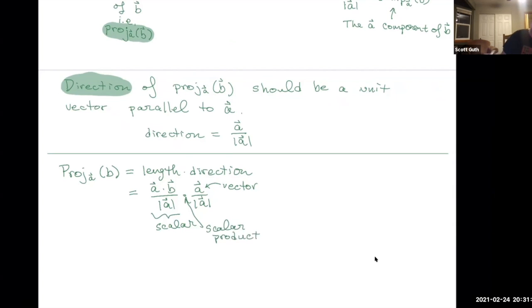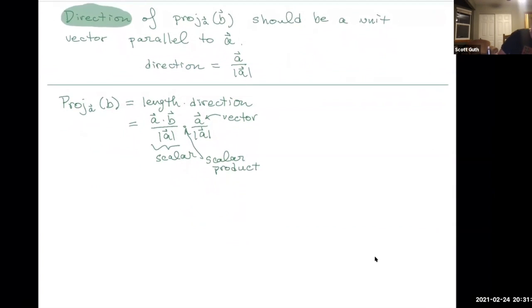Okay, so we need to be careful. Let's simplify this and say, first of all, it's A dot B over the magnitude of A squared. So we put all the scalars together and then multiply that scalar by a vector, which is just A. Okay, so we'll just call that a little theorem.